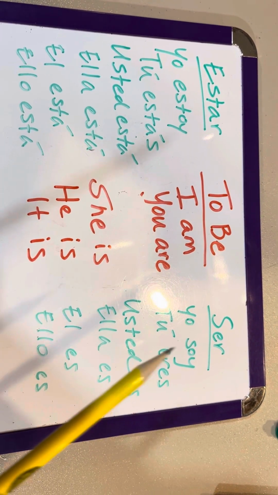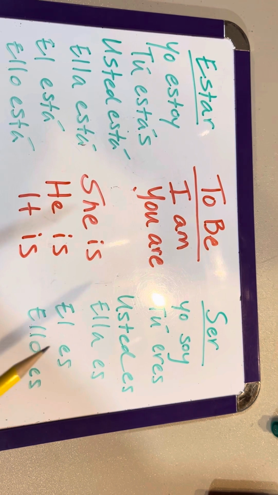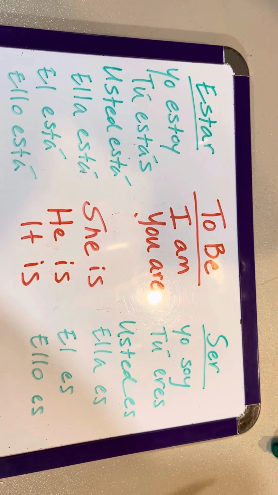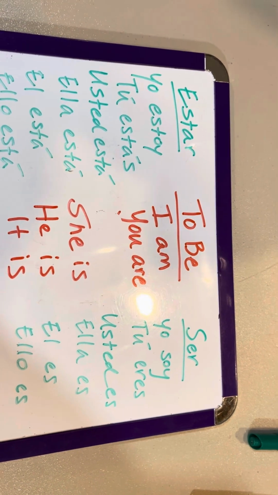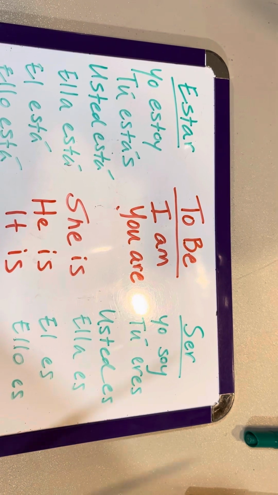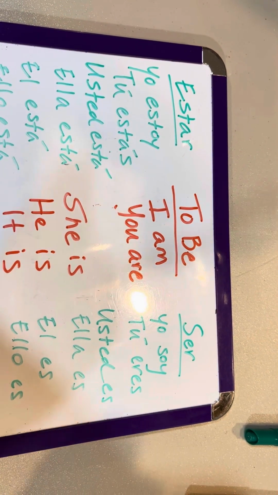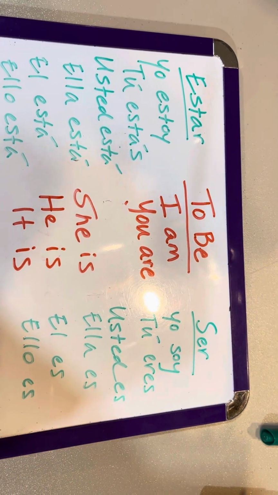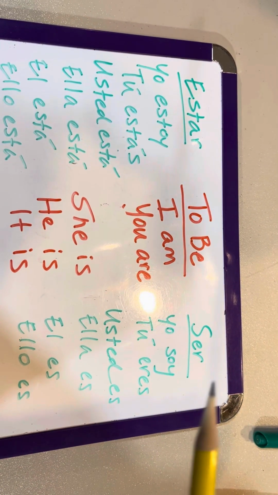Now, this is your permanent. That means who you are. That's your characteristics, not your mood. Like, estoy contenta, I am temporarily content. Soy feliz, I am happy. Now, that seems temporary to us, and content could also be the same. But you have characteristics that are permanent.